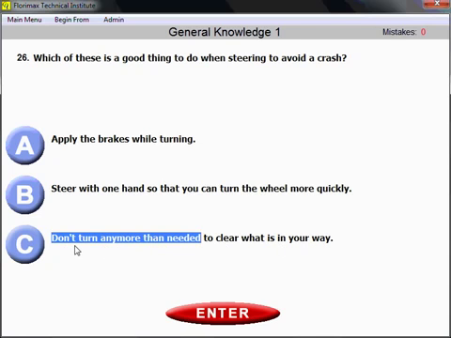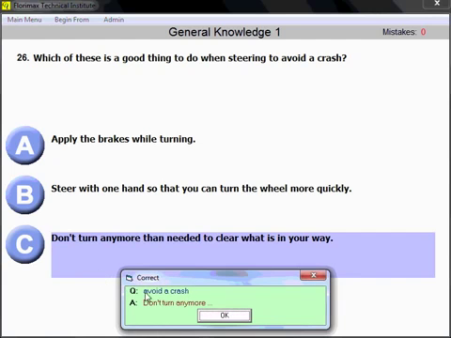The point is, if you turn too sharp, you are at risk of losing control of your vehicle. Very good. Don't turn any more than needed to avoid a crash. Don't turn any more than you need.